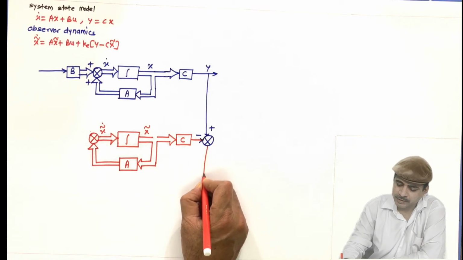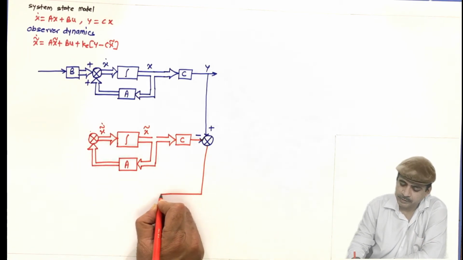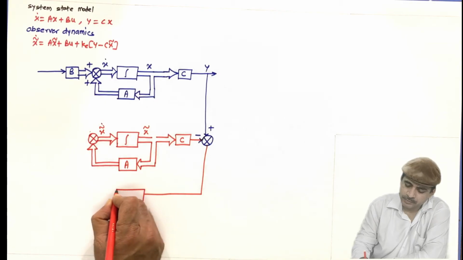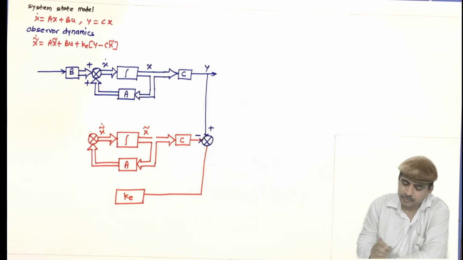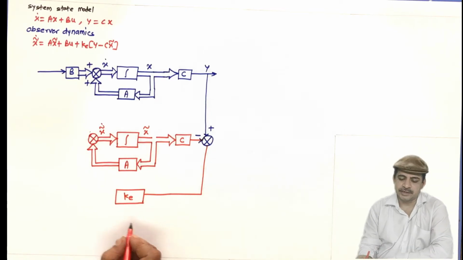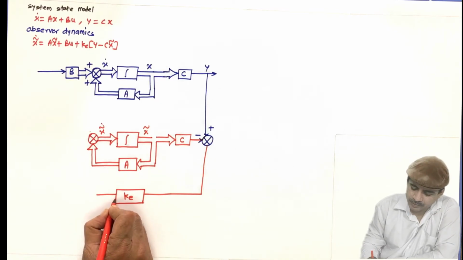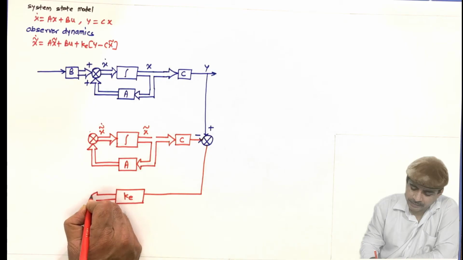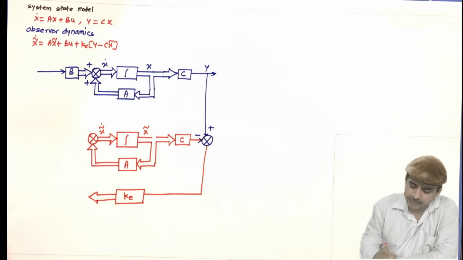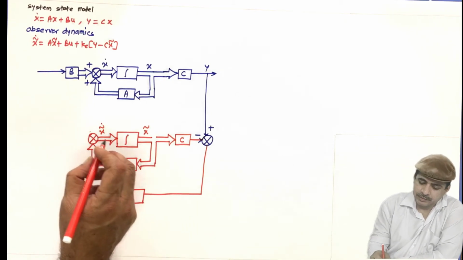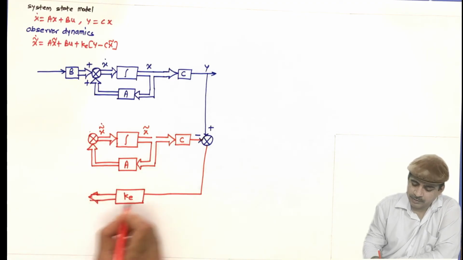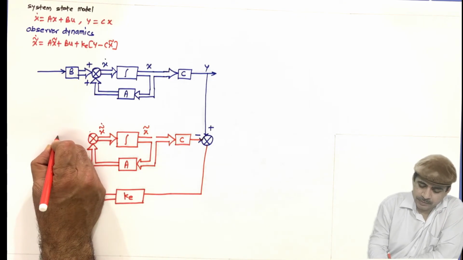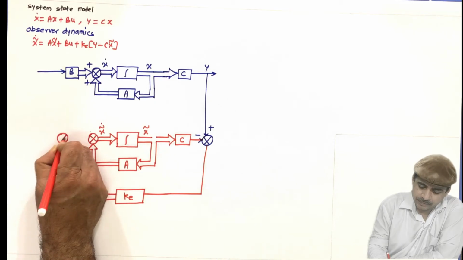And it is multiplied with the state observer gain matrix KE. This is a 1 by n column matrix, so again I will get n by 1, or directly it will come here.